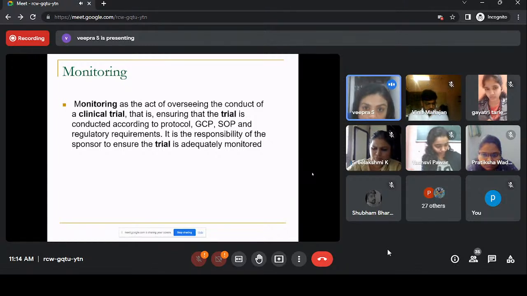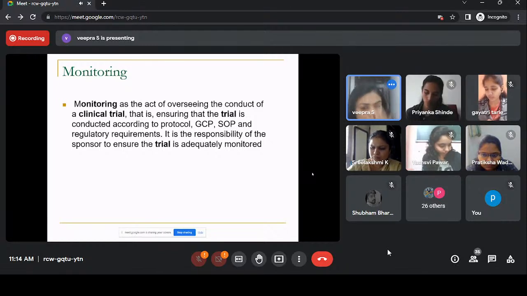Also that the trials are conducted as per the protocol, GCP, SOP and regulatory requirements. For conducting the monitoring, monitors are required, and the sponsor is responsible for the selection of the monitors.